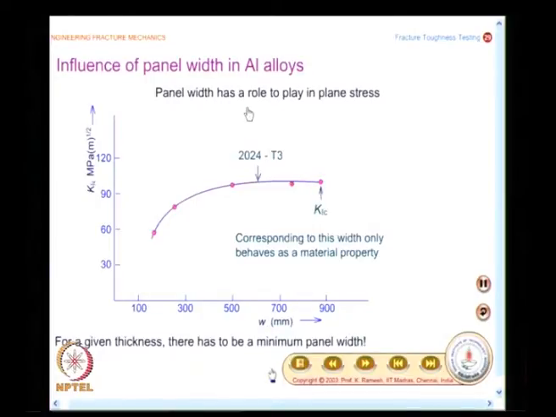So, the point here is the panel width has a role to play in plane stress. If the value calculated has to behave like a material property, there is a need for a particular width. So, the idea to note is for a given thickness there has to be a minimum panel width.